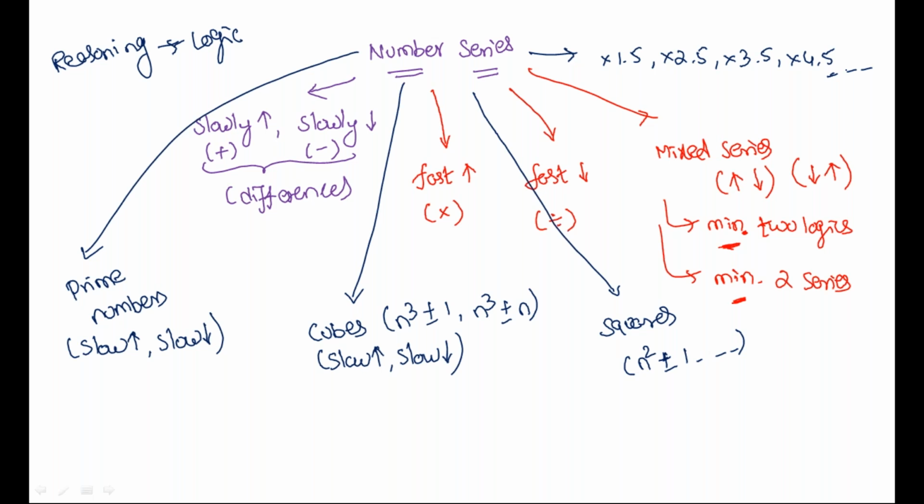But they're doing the logic with into 1.5, into 2.5, into 3.5 like this. But how can you identify this is a fast increase anyhow, because into 2.5, into 3.5 is fast increase only.